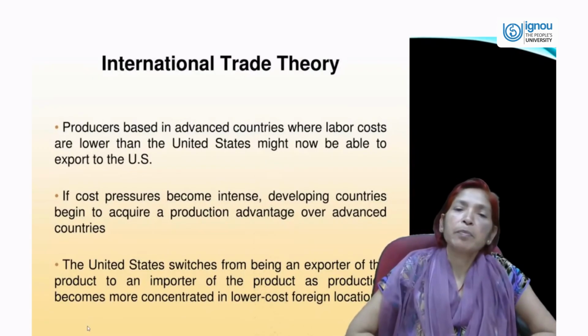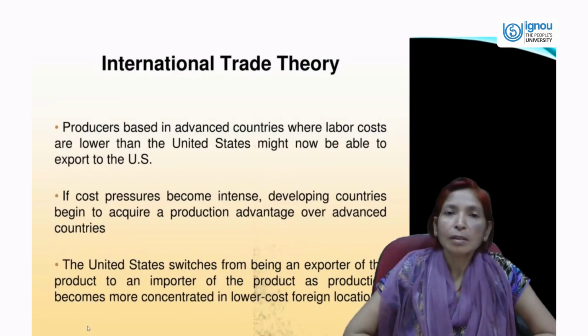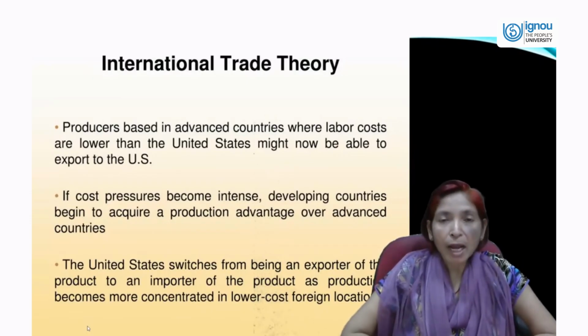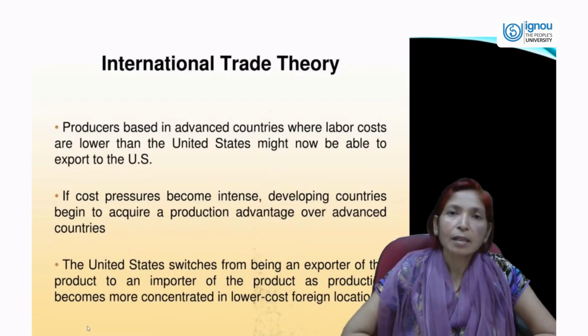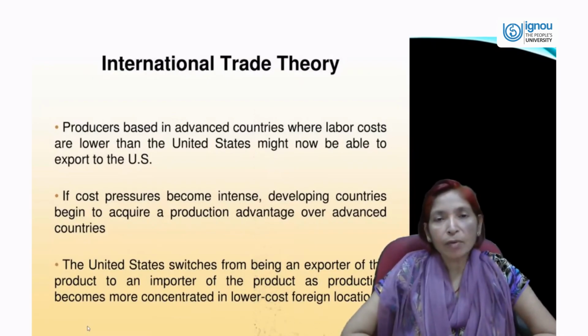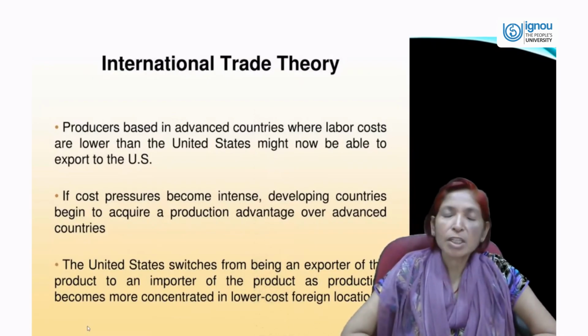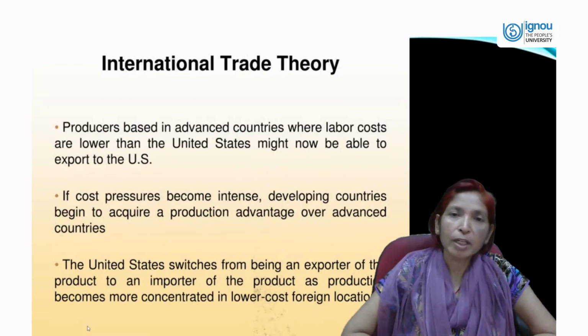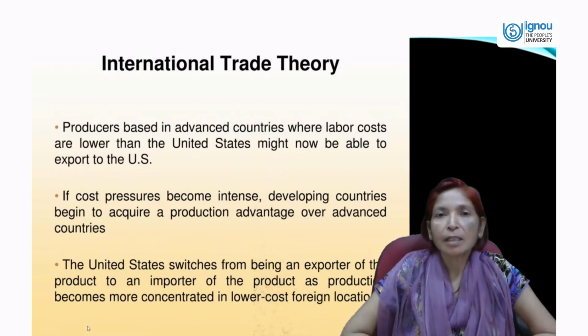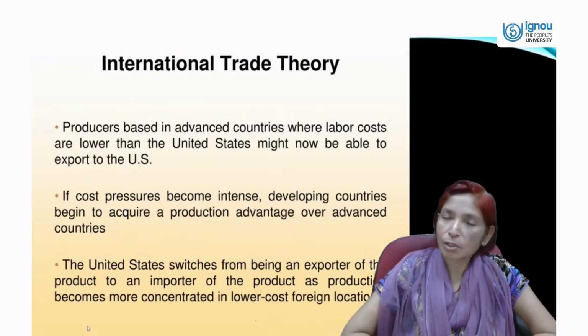International trade is basically based on the resources which you have in abundance, so you can produce those goods in large quantity because resources are available. According to the availability of resources, each and every country decides what type of commodity to produce. It depends upon the availability of resources.